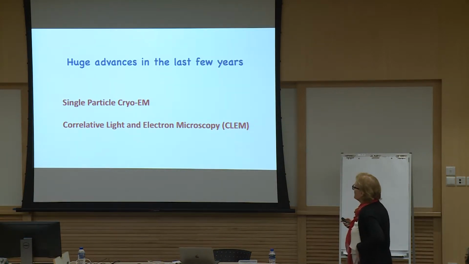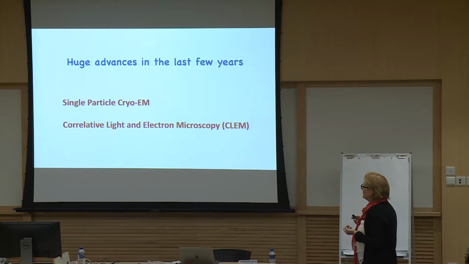So in the last few years, there have been huge advances in single particle EM, and I will also talk about something of particular interest to us here, correlative light and electron microscopy, combining light microscopy with electron microscopy, called CLEM, because this method actually allows you to observe and determine the structure of complexes inside cells.